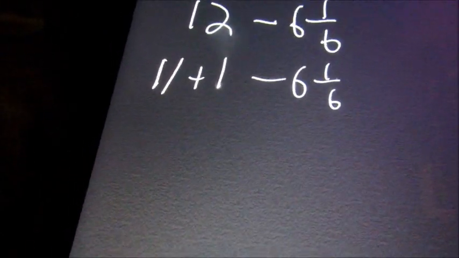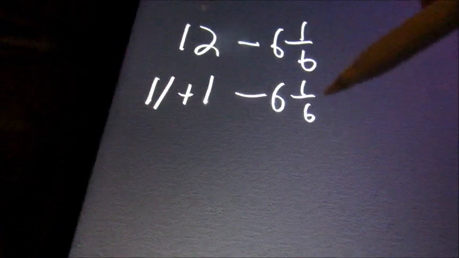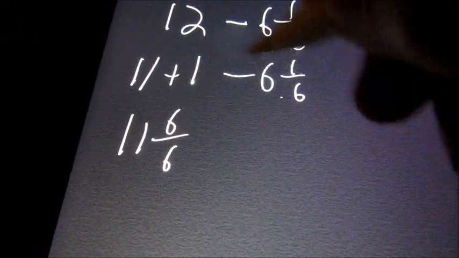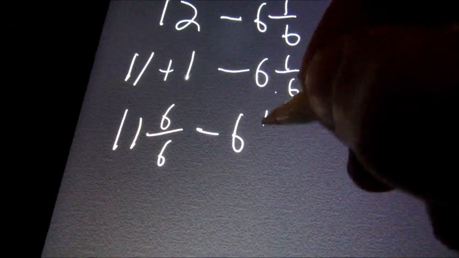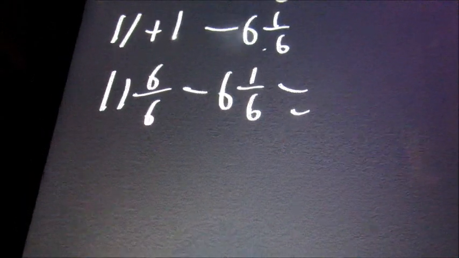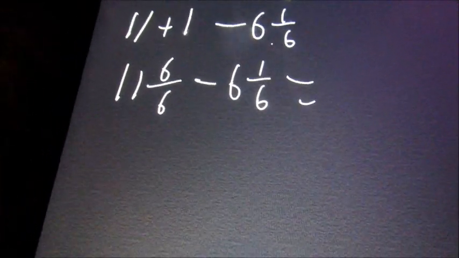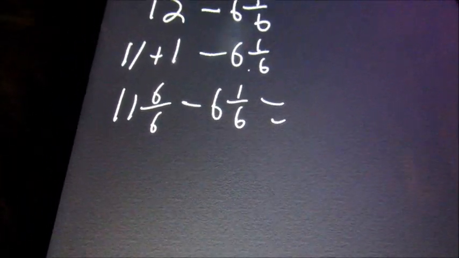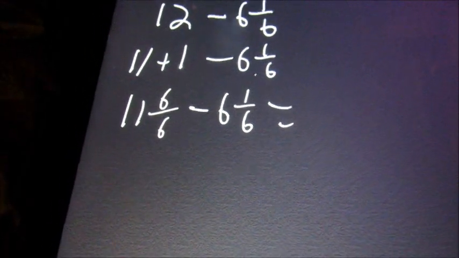And now this 1 can be 6 over 6, so it has a 6 as a denominator, so it's going to be 11 and 6 over 6 minus 6 and 1/6. Again, this is just a different possible way to do it. If you wanted to just turn these both into improper fractions, that's fine too.